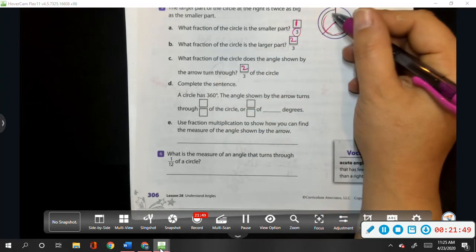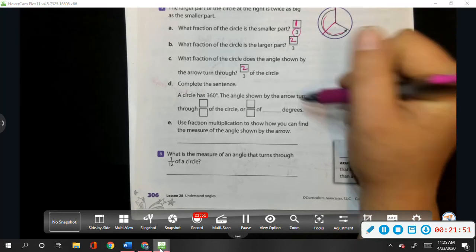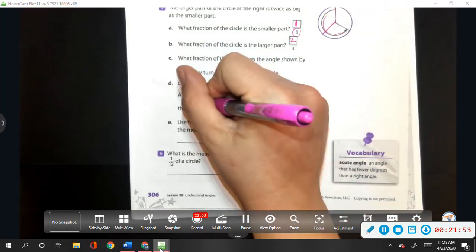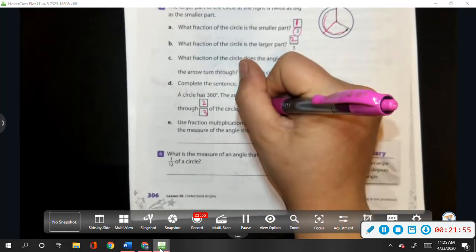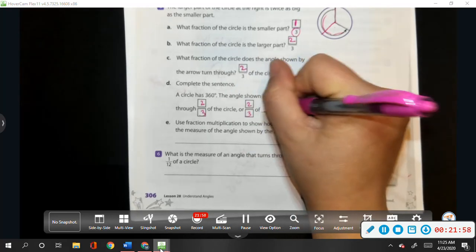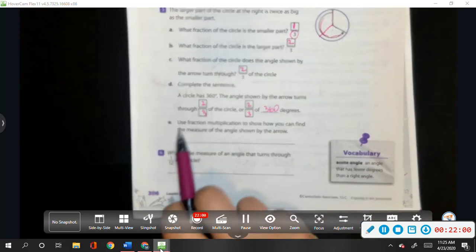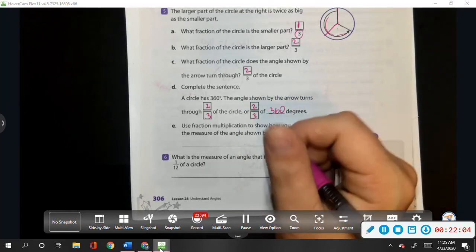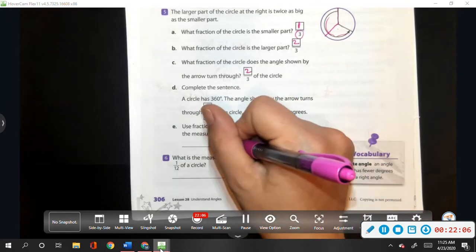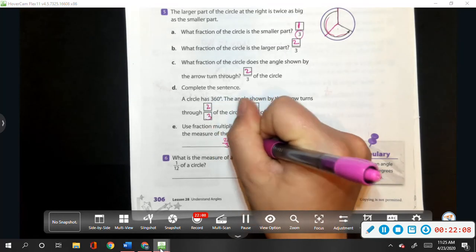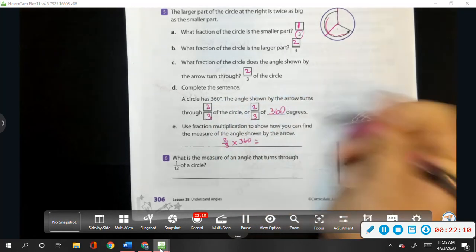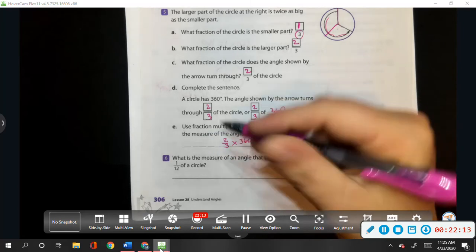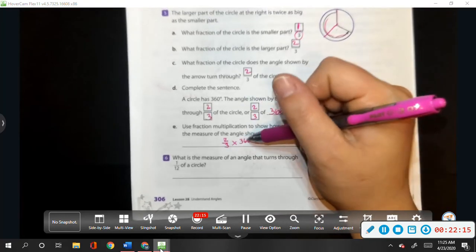The angle shown by the arrow turns through 2/3 of my circle, or 2/3 of the 360 degrees of the circle. Use fraction multiplication to show how you can find the measure of the angle shown by the arrow. We're going to do the same thing. 2/3 times 360. And we'll use that same method without putting the 1 under there if you're getting confused by that.